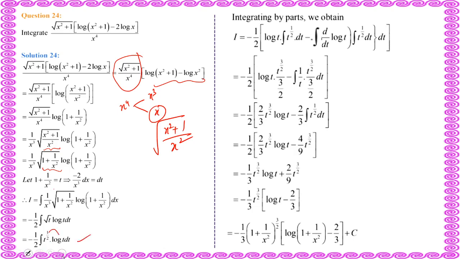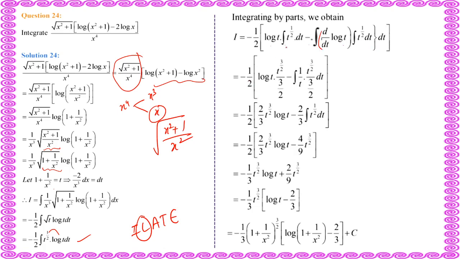Now this is a product of two functions, right? t and log t. So what is applicable? Integration by parts. Now we'll apply this by parts by using the law ILATE. According to this, the log function will be the first function. So first times integral of second minus integral of derivative of first into integral of second, like this.